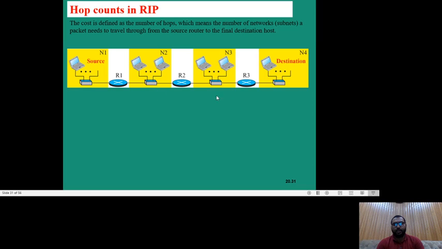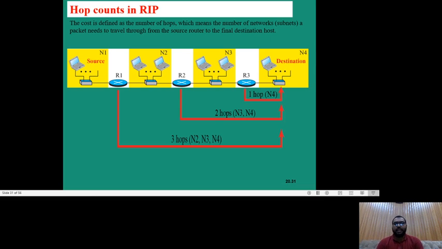Similarly, from here to here, the total hop count will be 2, while from this network to this network the hop count will be 1. Obviously there may be more than one route, and while sending data from one network to another network, that route will be chosen by using RIP, our Routing Information Protocol, which works on top of that as a routing protocol, so packets will be forwarded accordingly.